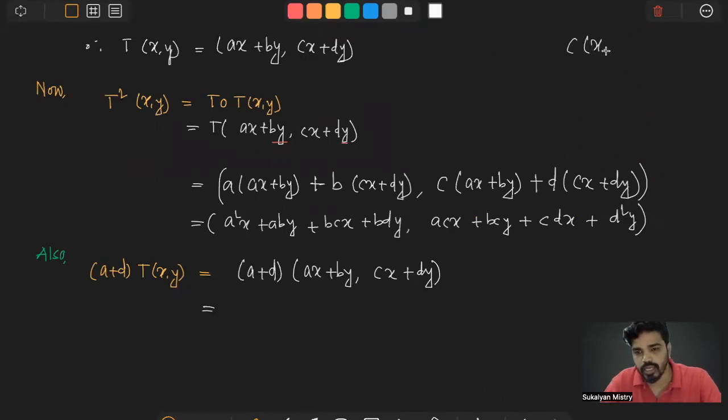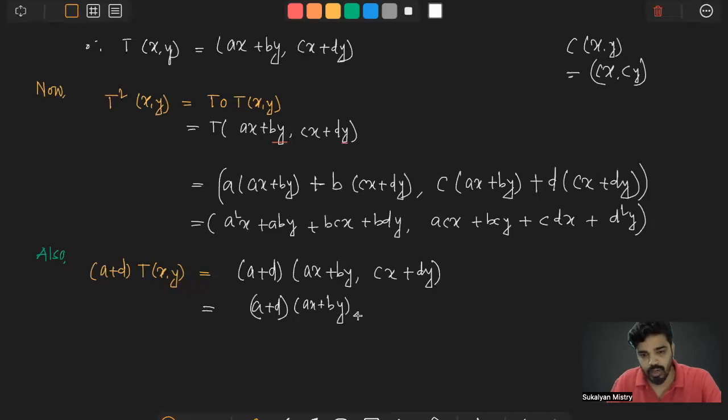Suppose c into (x, y): multiplying by c gives (cx, cy) again. So you multiply (a plus d) with ax plus by, and (a plus d) with cx plus dy. Just multiply.